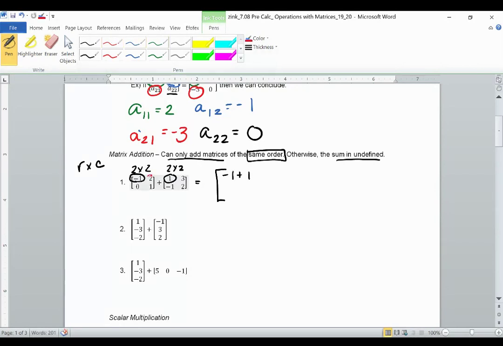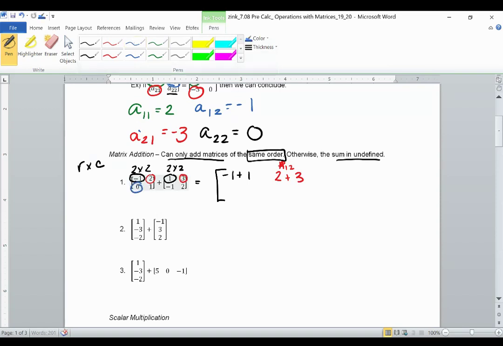Then we're going to add row 1, column 2 to row 1, column 2.